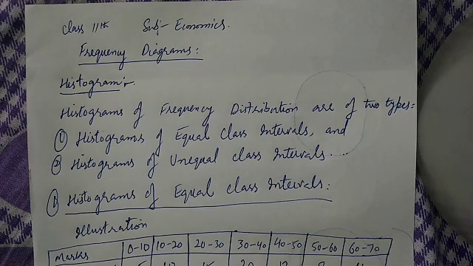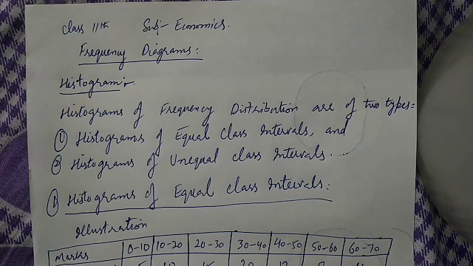A histogram is a graphical presentation of a frequency distribution of a continuous series. While constructing a histogram, values of the variable are shown on the x-axis and their frequencies on the y-axis. See, frequencies corresponding to different class intervals are shown by rectangles.